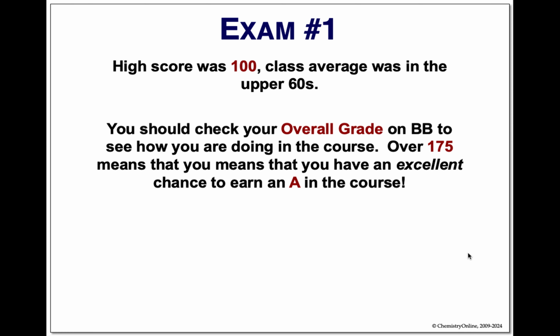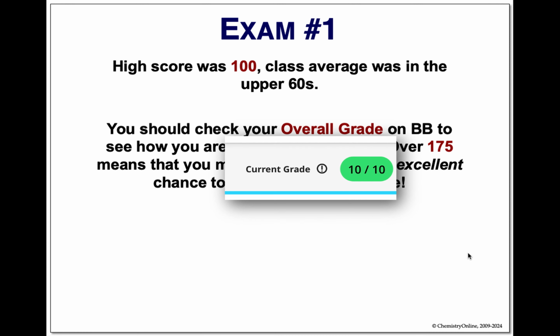To find the overall grade, go to grades. Blackboard has two grades for some reason. What they call the current grade that really is not current, and it's, in this case, 10 out of 10, okay? They insist on putting this second number here.